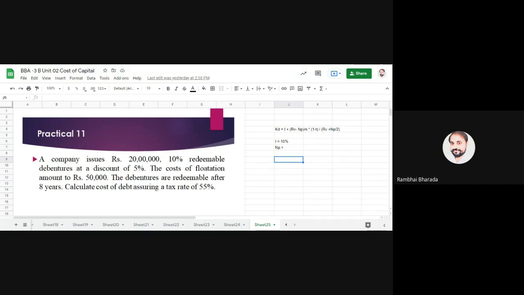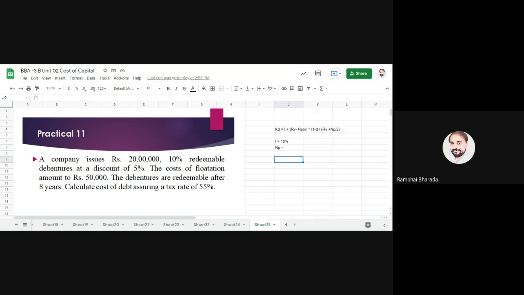Okay, now coming to the last practical question, and then after we move for the next one. Now, the last practical question number 11. Detail is with you. A company issues rupees 20 lakhs, 10% redeemable debenture at discount of 5%.